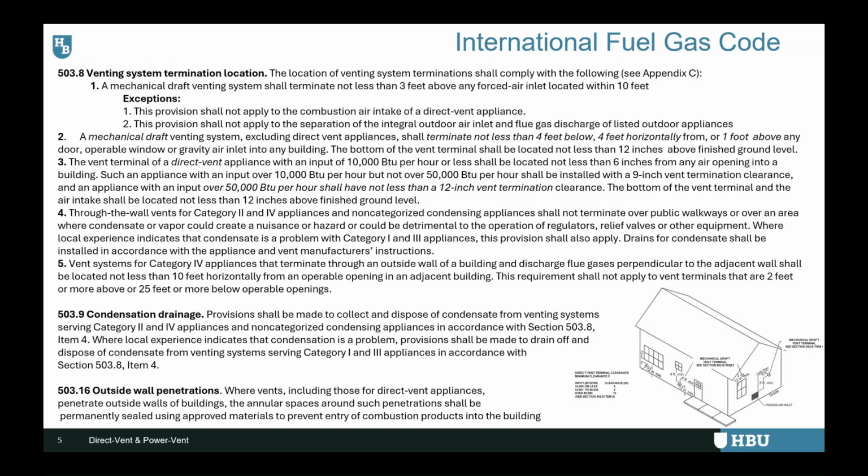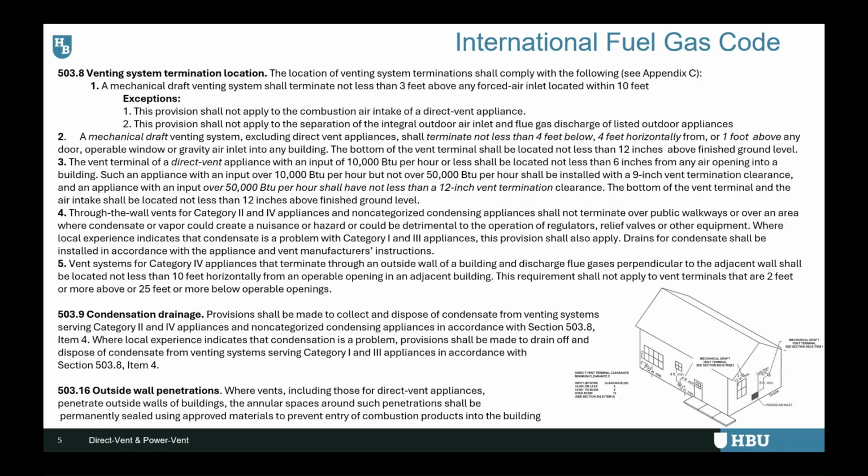If you have a mechanical draft system, like a power vent, its terminal needs to be at least 3 feet higher than any forced air inlet if that inlet is within 10 feet horizontally. This prevents the exhaust from being sucked into the building's fresh air supply. There are exceptions for direct vents, appliance intakes, and outdoor appliances.